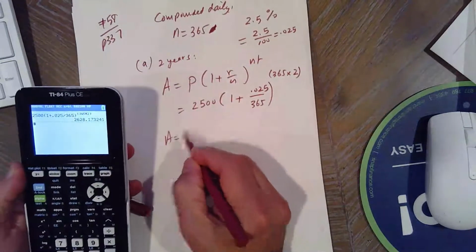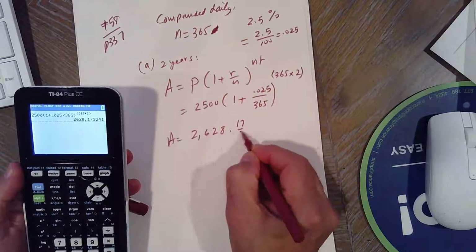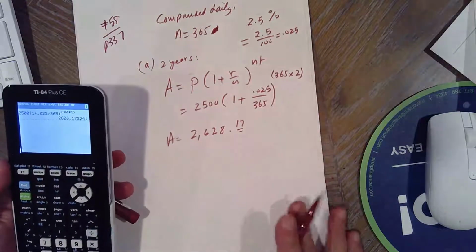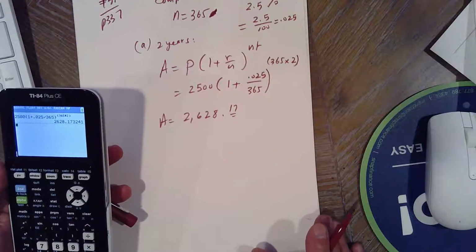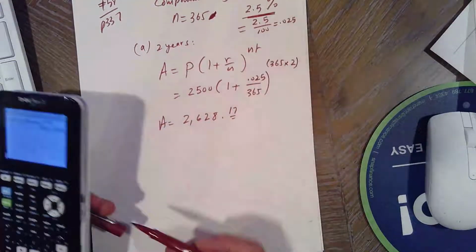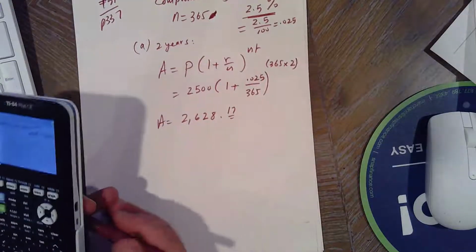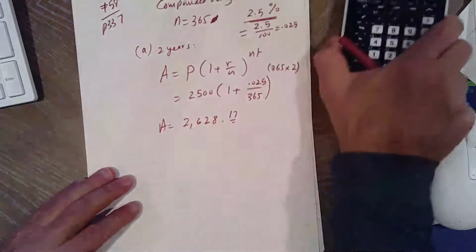So you started with 2,500, and you ended up with not a lot more, $128.17. But remember, the interest is very low, okay? Which isn't bad. And it's only 2,500 that you invested.